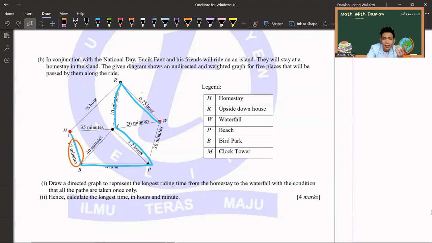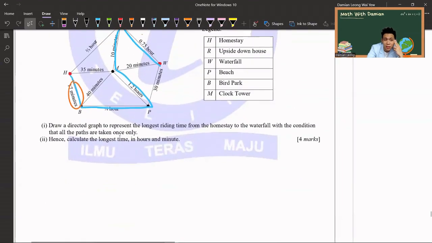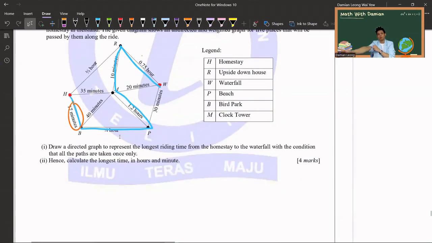Technically I can go back to the same point also. So in a sense, it's like infinite. I can go like that, go back to homestay, go like that, then only go here. So that would be even longer.